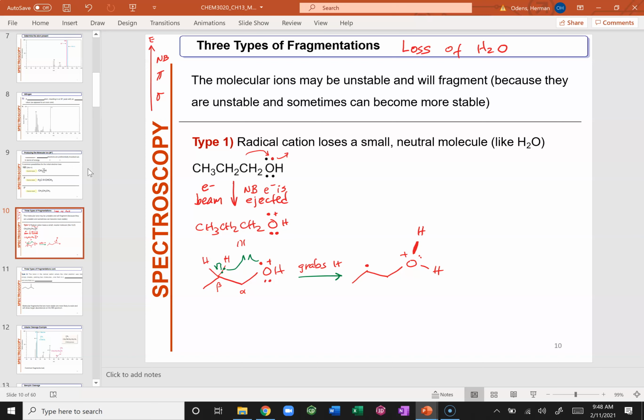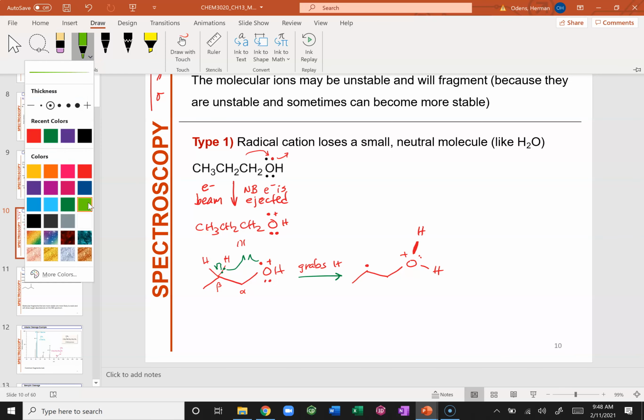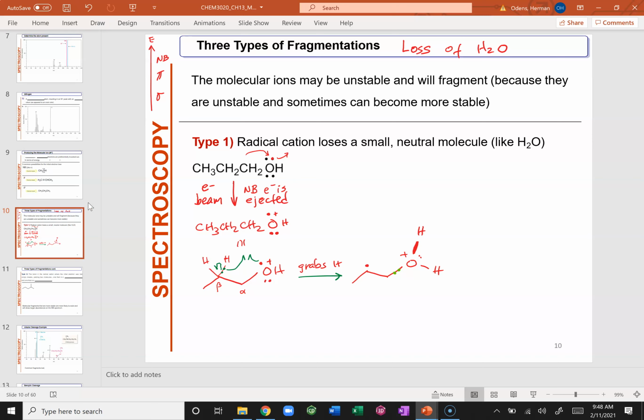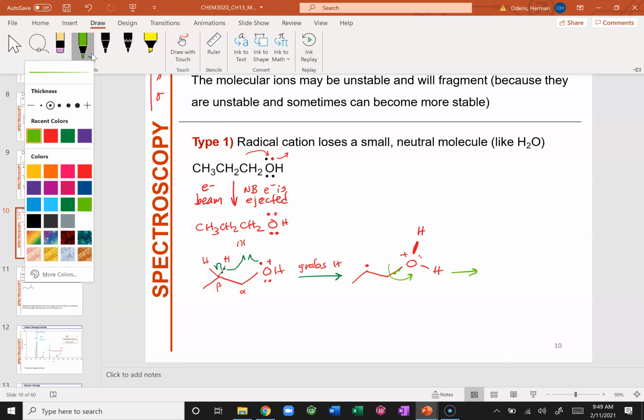There's a hydrogen there, and these 2 electrons right here forming this bond are going to leave. All right, and so what you will get is this.